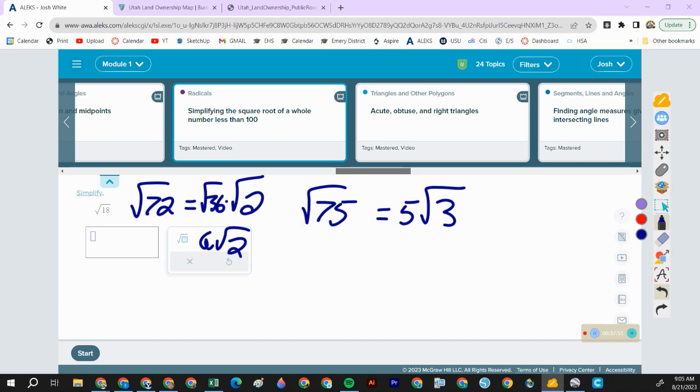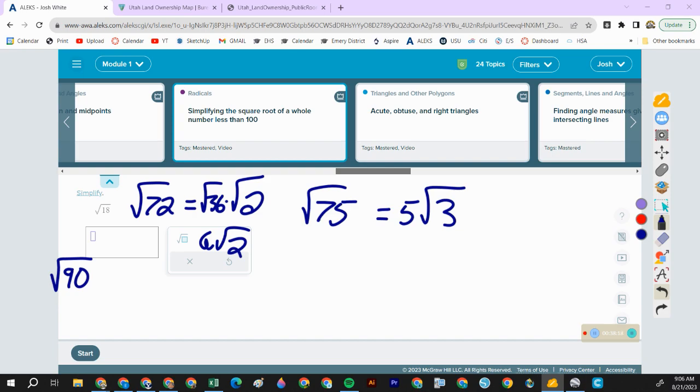What about, let's do the square root of 90. Is there a perfect square that goes into 90? 30 is not a perfect square.